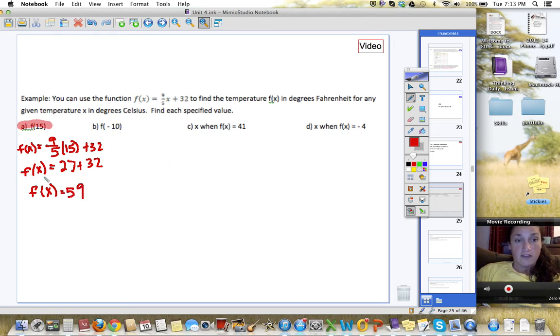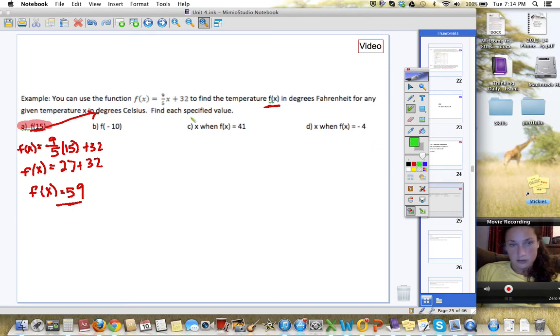So given a temperature x in degrees Celsius, when my temperature is 15 degrees Celsius, my degrees Fahrenheit, because Fahrenheit is f of x, is 59. All right, so let's look at B.